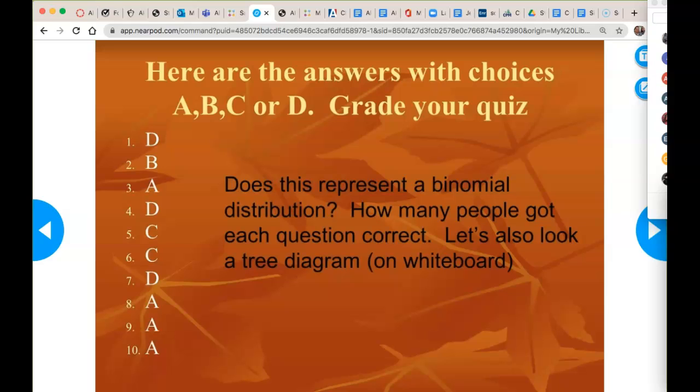Got 9 2s. And how many 1s? We got 1, 2, 3, 4. 4 ones, 2 zeros.